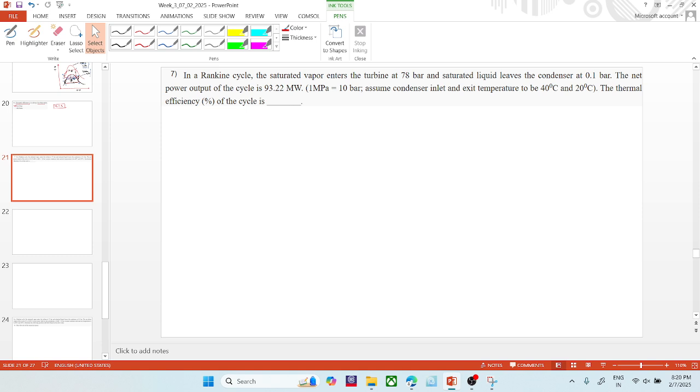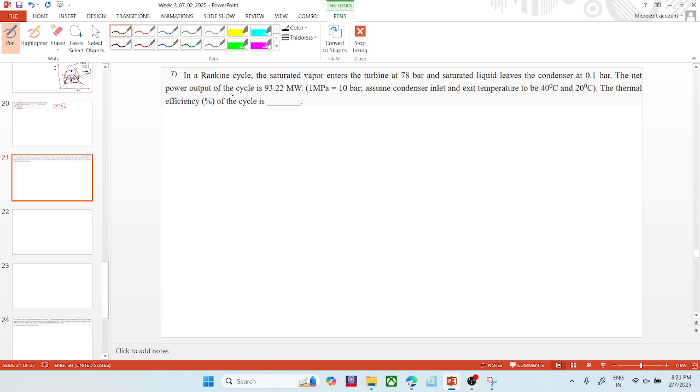Okay, so here we go. What is said here: in a Rankine cycle, the saturated vapor enters the turbine at 78 bar and saturated liquid leaves the condenser at 0.1 bar.